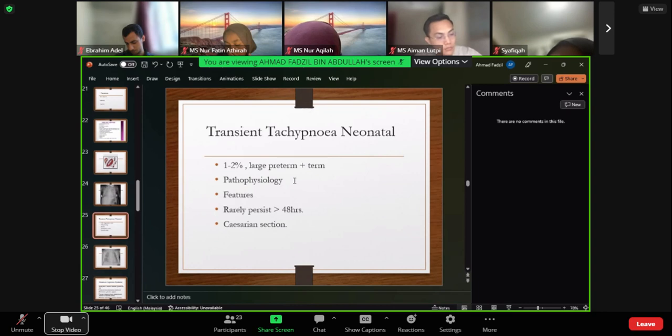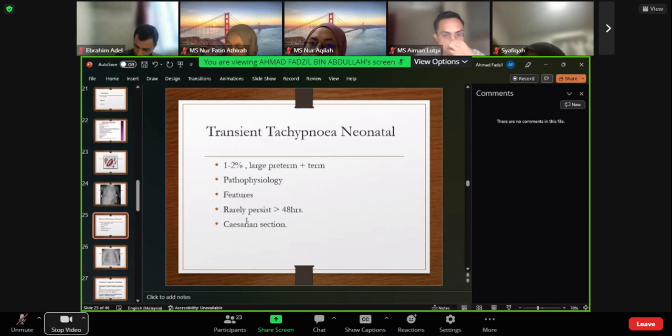As a result, there is residual fluid inside the lung, and the lung becomes wet. The features are tachypnea, grunting, with cyanosis, because the lung cannot function normally to do gas exchange, but it rarely persists beyond 48 hours. By that time, the body will absorb all the residual fluid in the lung, and the lung will be clear.